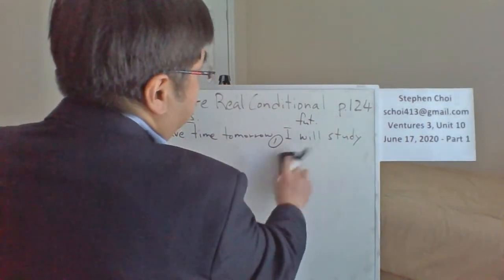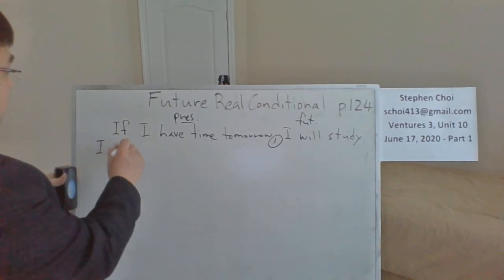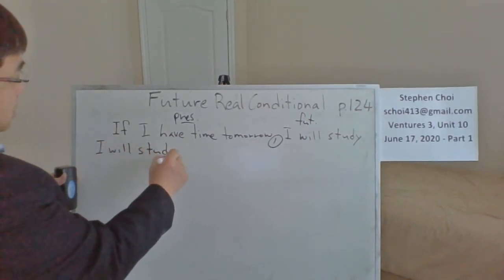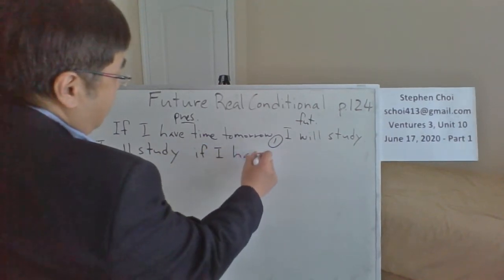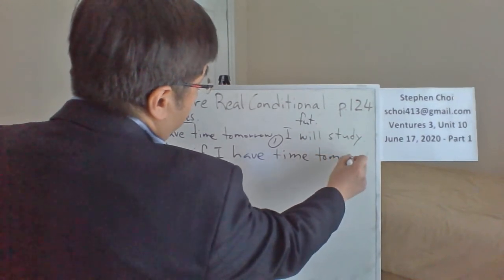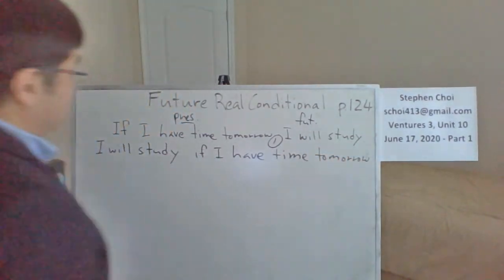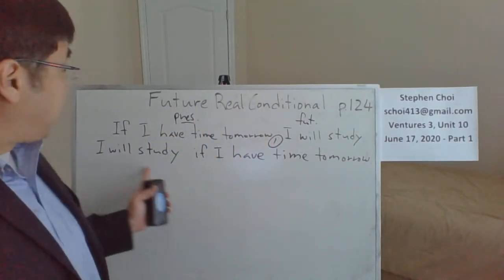So let's rewrite this with the main clause first. I will study if I have time tomorrow. It's the same meaning, I just switched the order. I put the main clause first.